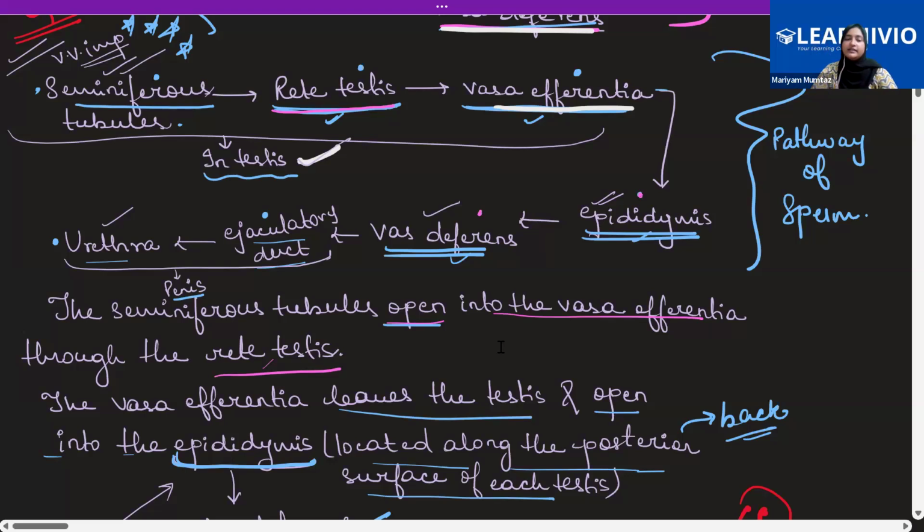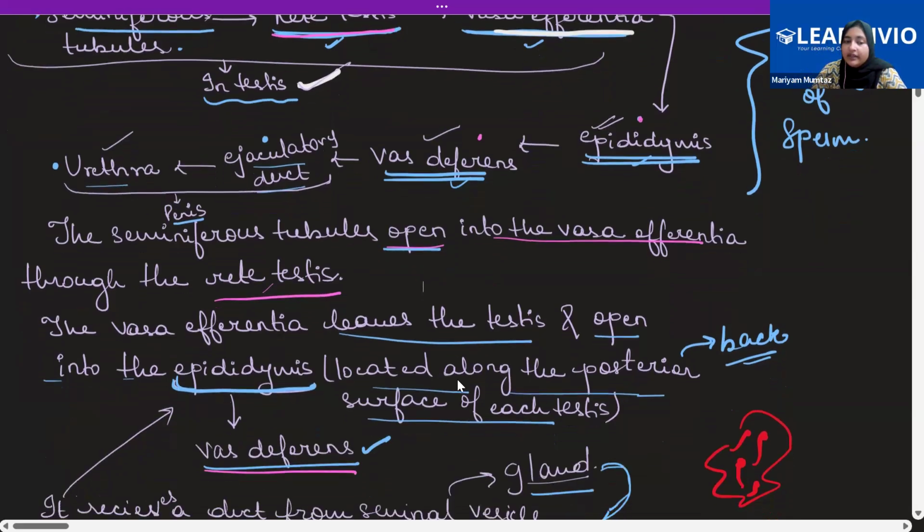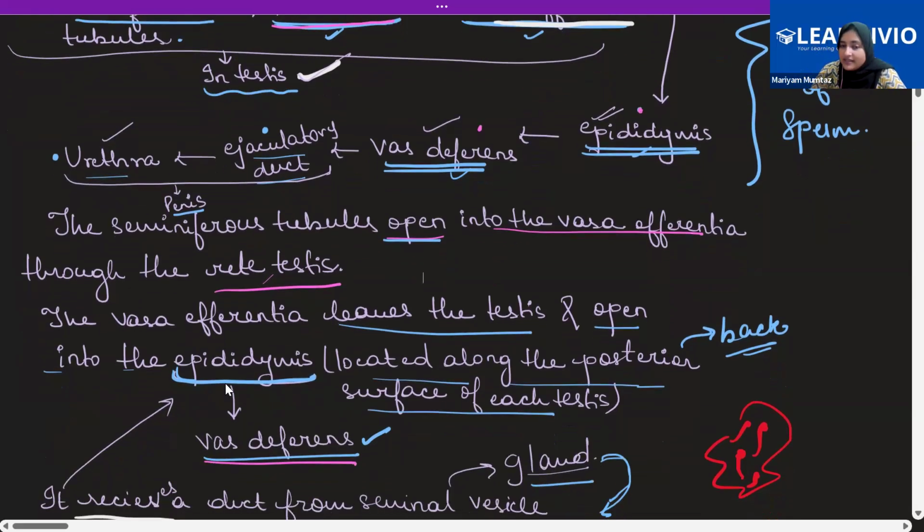Now, this is the same exact thing I've written in words. The seminiferous tubules open into the vasa efferentia through the rete testis. The vasa efferentia leaves the testes and opens into the epididymis. Where is it situated?